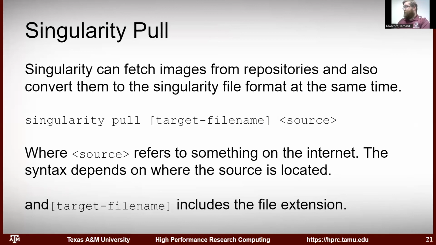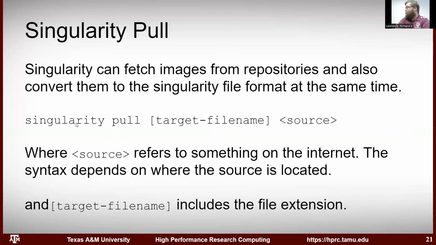When you use Singularity to pull an image from Docker Hub or another repository, it can convert that into the Singularity image file format automatically at the same time. In that case, you would specify which file format you want by including the file extension in the target file name where you wish the image to land.